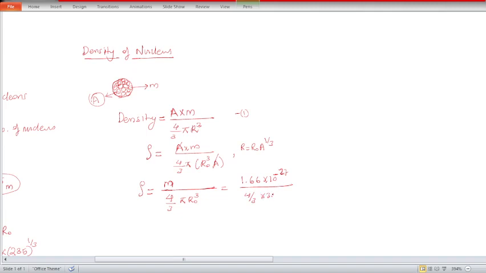Pi is 3.14 and r0 is 1.2 femtometer, so 1.2 into 10 raised to minus 15, cubed. If you do this calculation, you will get the nuclear density, which is 2.27 into 10 to the power 17.